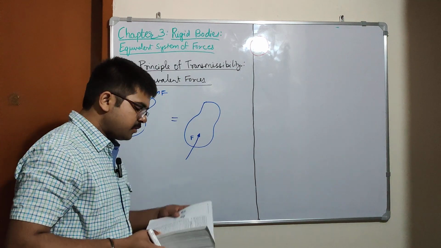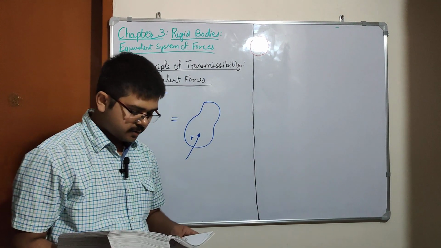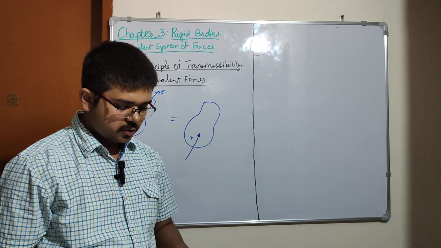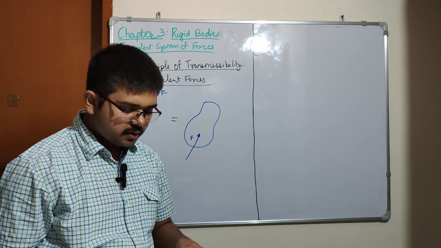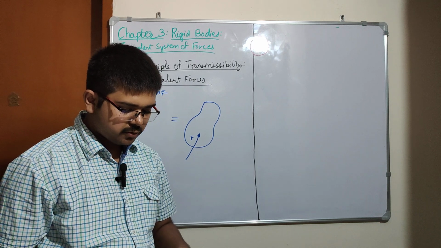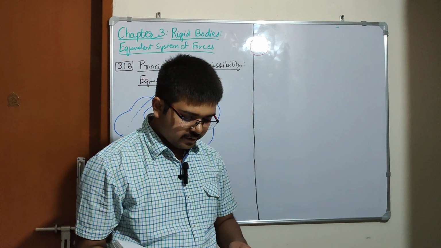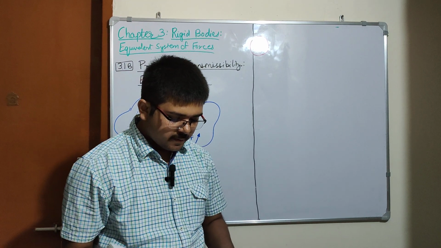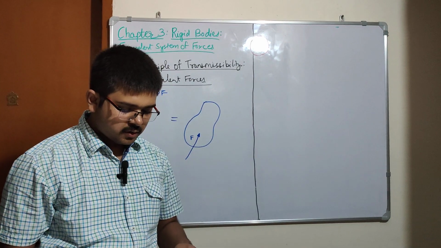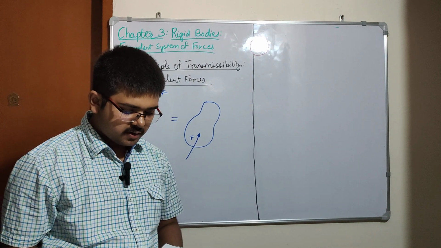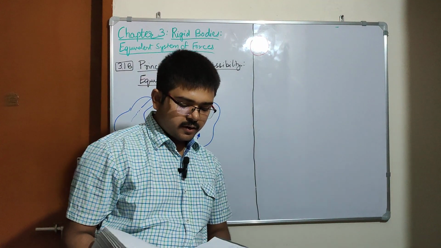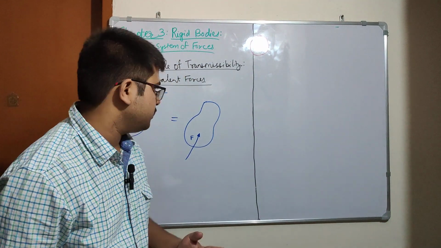so principle of transmissibility states that the condition of equilibrium or motion of a rigid body remains unchanged if a force F acting at a given point of the rigid body is replaced by a force F dash of the same magnitude and the same direction but acting at a different point, provided that the two forces have the same line of action.